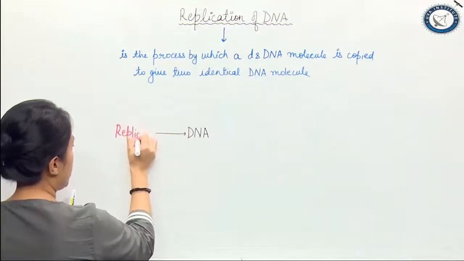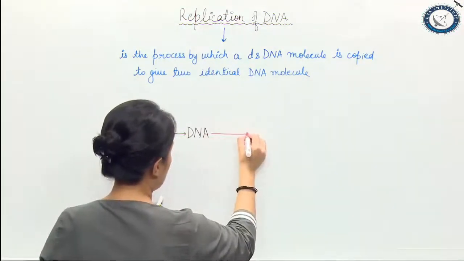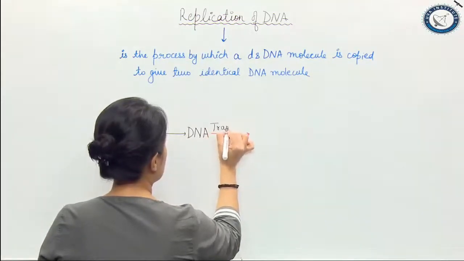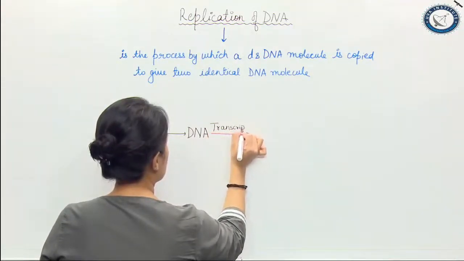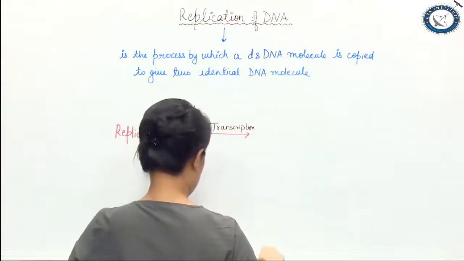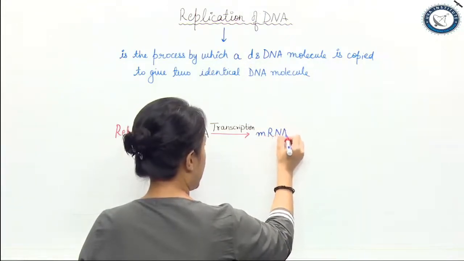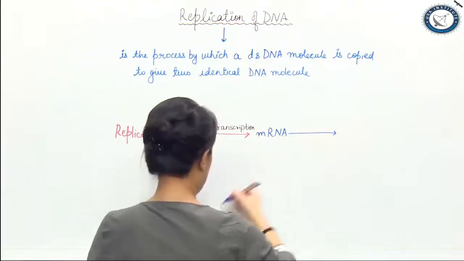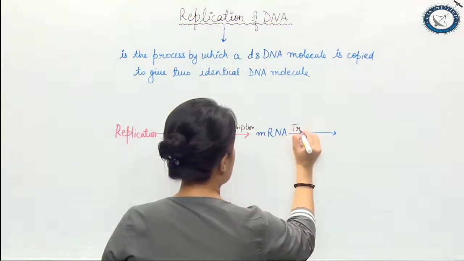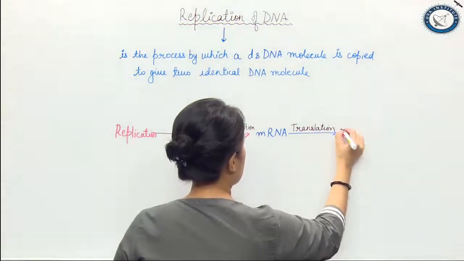DNA will undergo replication, and then it's going to do transcription, and yes, during the transcription it will lead to the formation of mRNA, and then finally mRNA will undergo the translation process, which will lead to the formation of proteins.